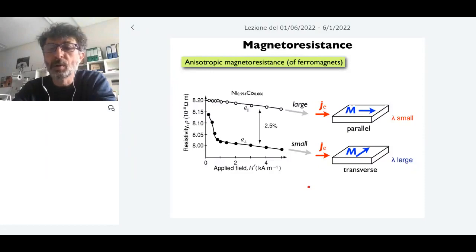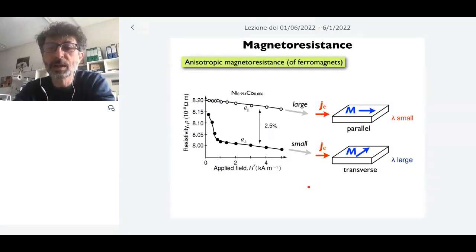So, when the magnetization and the electric current are parallel, you find a large resistivity, that is a small mean free path. When the magnetization is perpendicular, the mean free path is large and the resistivity is smaller. Exactly the opposite. This is quite puzzling because it means that you cannot say that the magnetization, so the order in the ferromagnetic material, is playing the same role as a magnetic field.